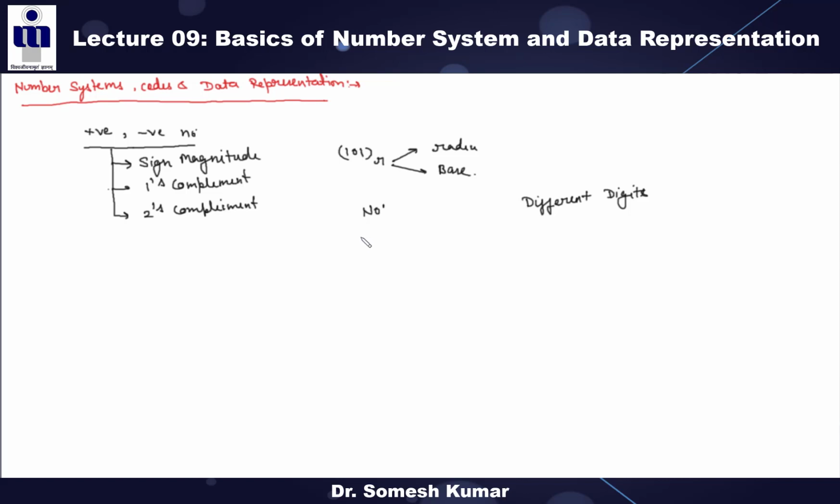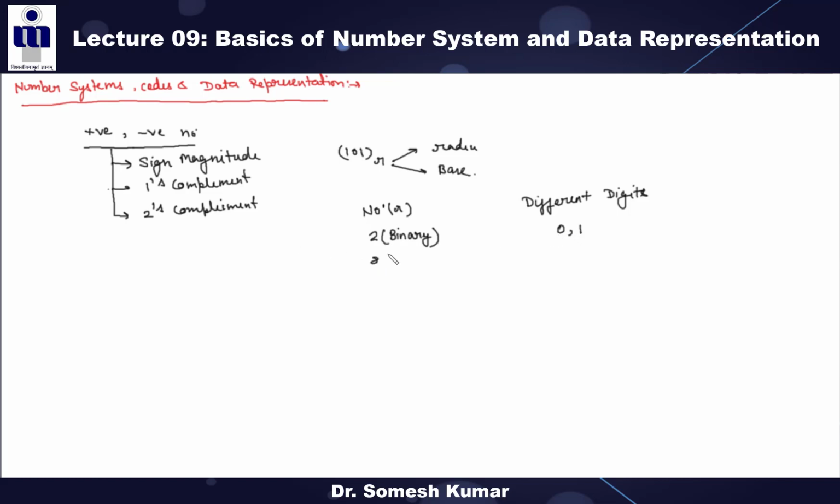So if this r is 2, then it is called the binary number. And what are the digits for this? If r is 2, possible digits are 0 and 1, right?